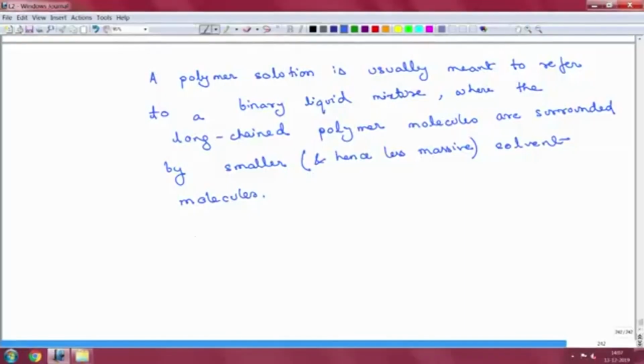So the concentration will start to decide how the polymer solution really behaves. Depending on the concentration of the polymer in the solvent, there are many different states of a polymer solution that are possible, and they differ from each other in important physical respects. So, let us see what they are. Polymer solutions can exist in different states.